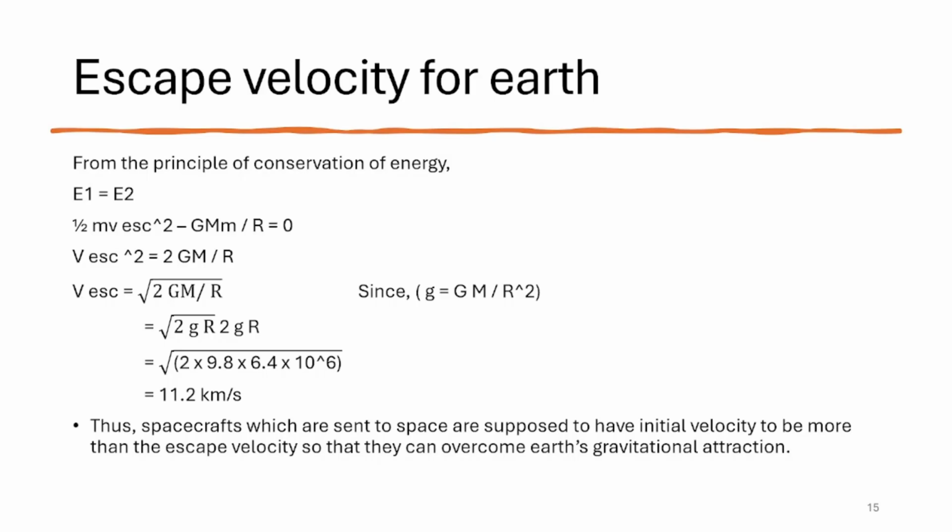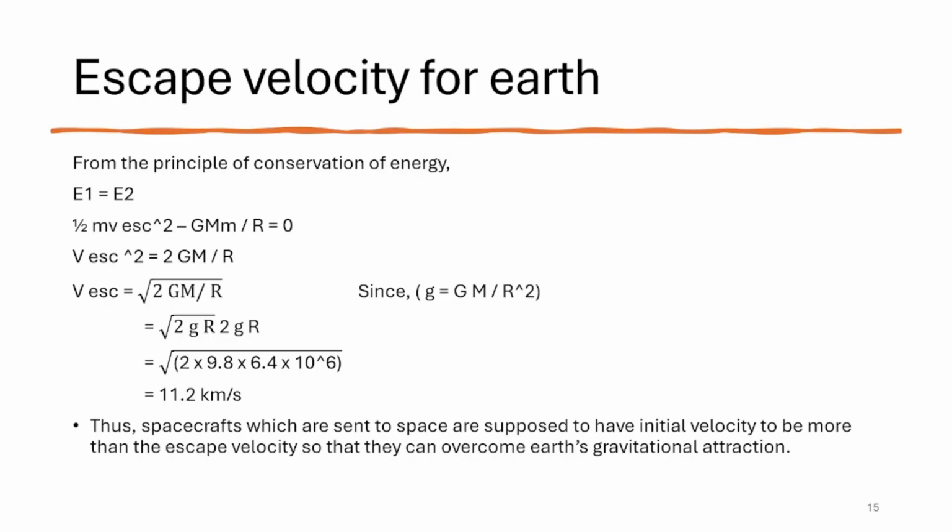So v escape, the other side term will go under the square root. It is 2GM by r. We know the values of GM by r, but still we will substitute the acceleration due to gravity value. As we know, small g is equal to capital G M upon r square.